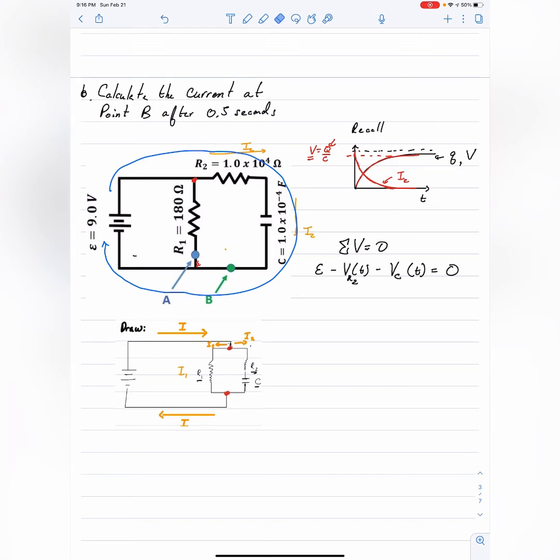Okay, so now let's finish this off and write: 0 equals EMF minus I2 times R2 minus EMF times (1 minus e to the negative t over RC).